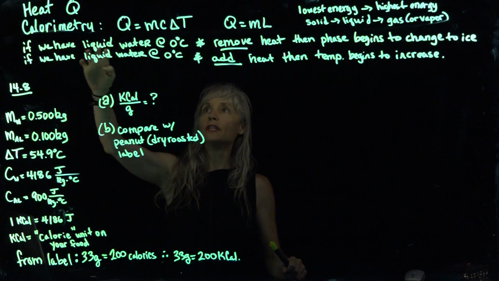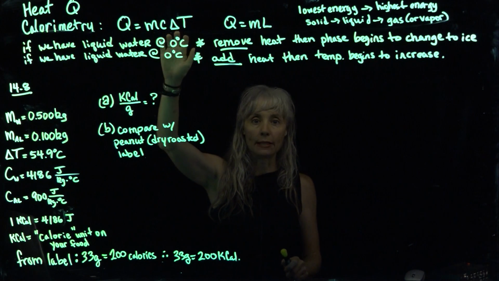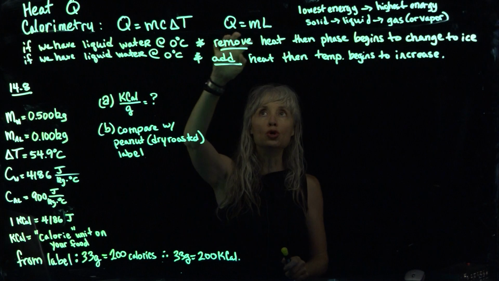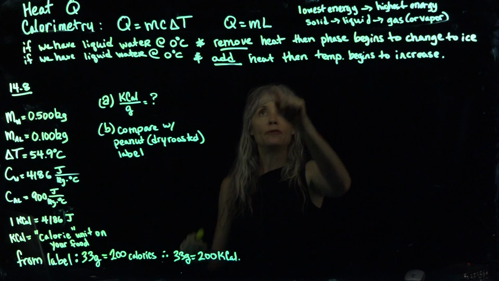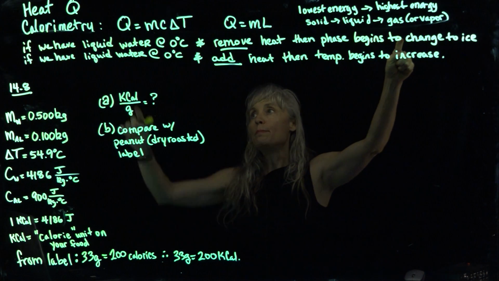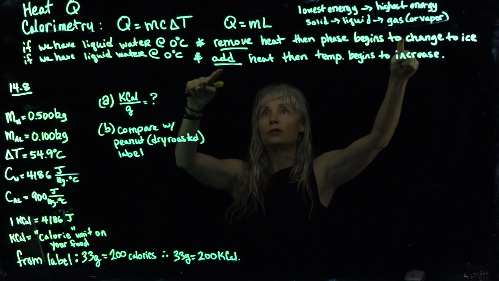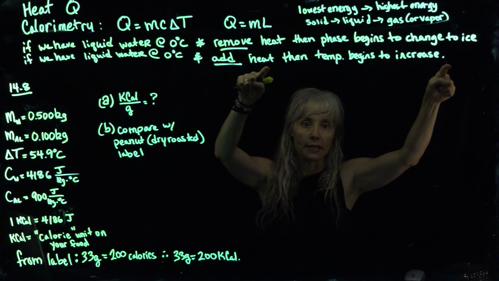If we have liquid water at 0 degrees C, and we remove heat from it, notice it's at its melting point. If we remove heat, then the phase is going to begin to change. But if instead that liquid water at 0 degrees C is having heat added to it, then the temperature begins to increase.